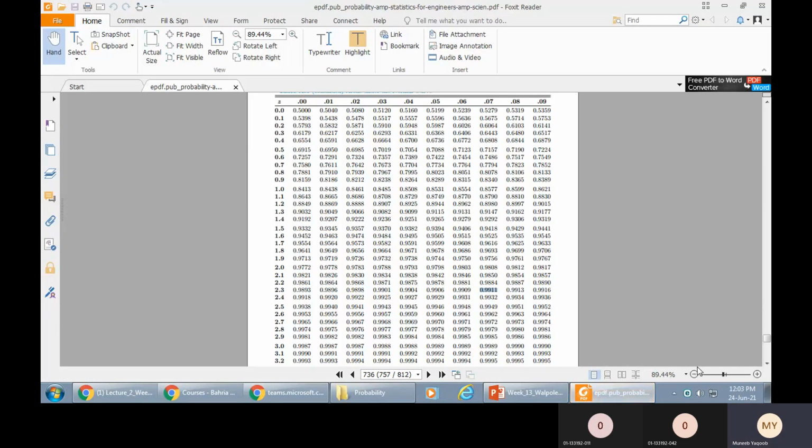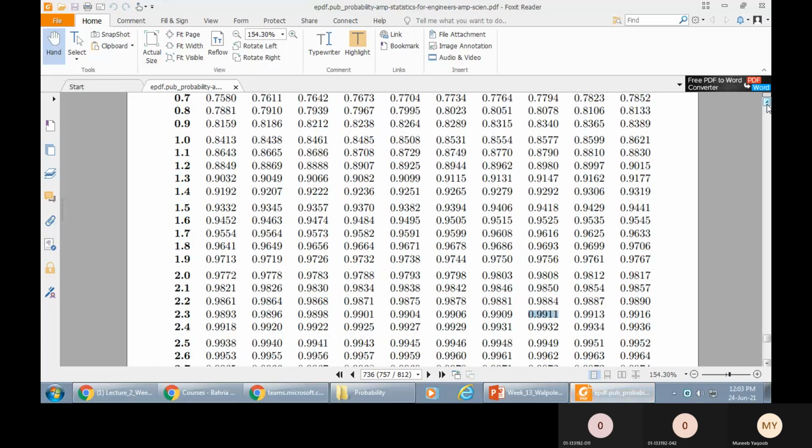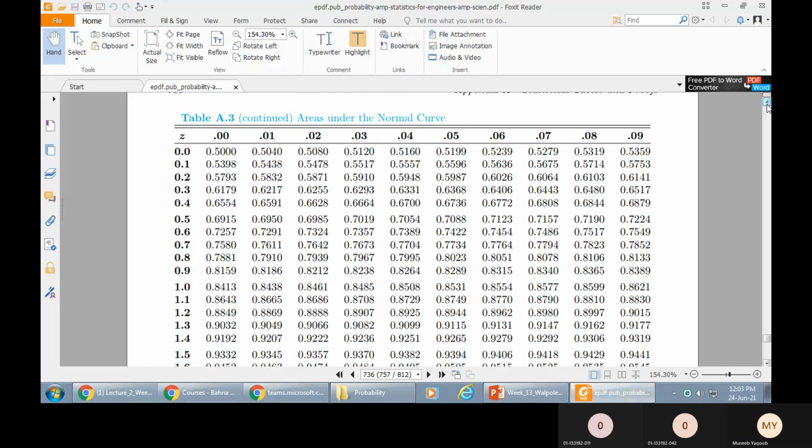This is the table, and we need to compute the probability for Z less than or equal to minus 0.52. For that, we will compute the probability of Z less than 0.52, and then subtract this probability from 1 to get the probability of Z less than minus 0.52.